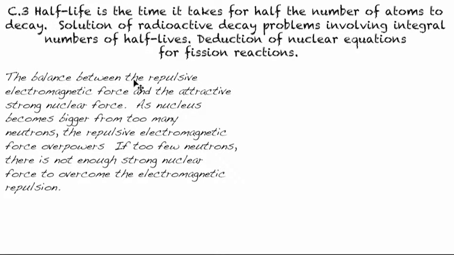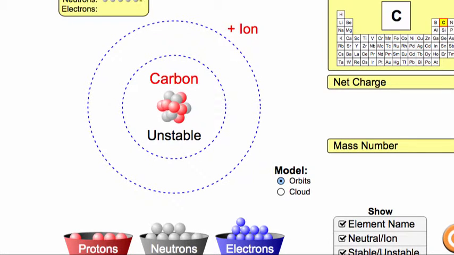So there's a balance between the repulsive electromagnetic force and the attractive nuclear force. As a nucleus becomes bigger from too many neutrons, for example if I add these back in, it's going to be too big. The protons are getting further apart, and as distance increases, the electromagnetic force becomes stronger than the nuclear force, so it becomes unstable.